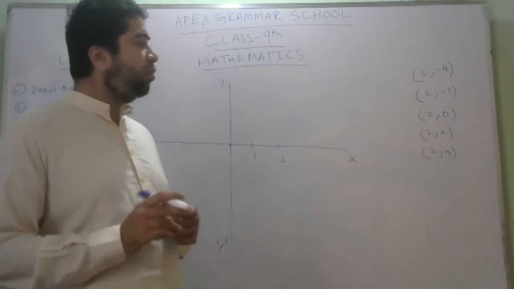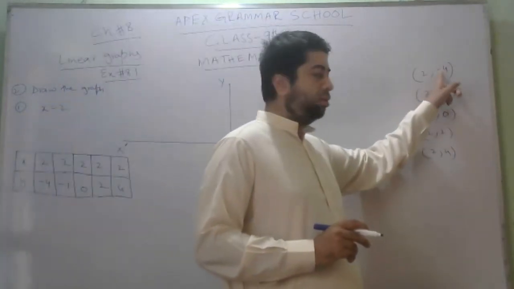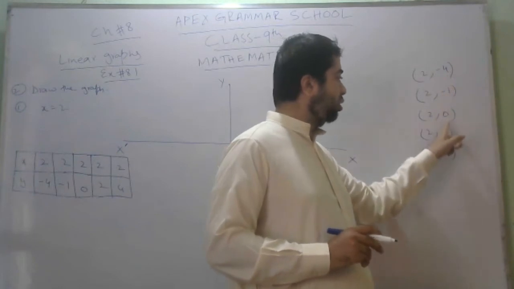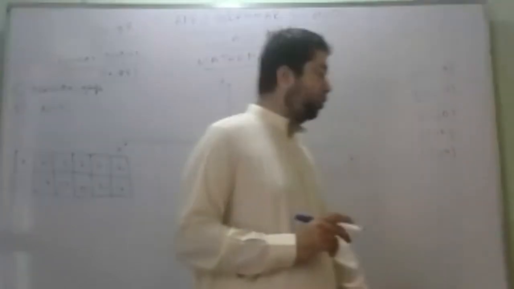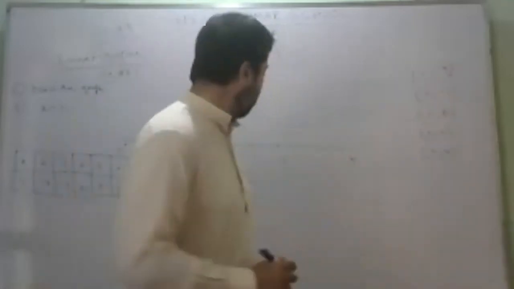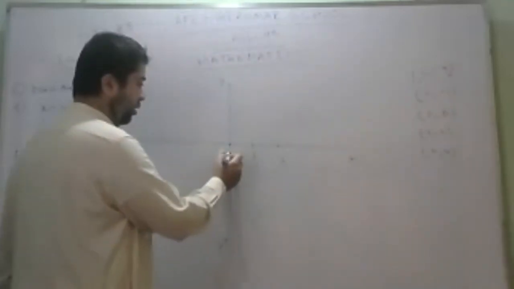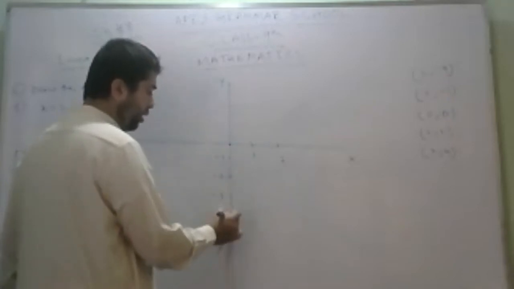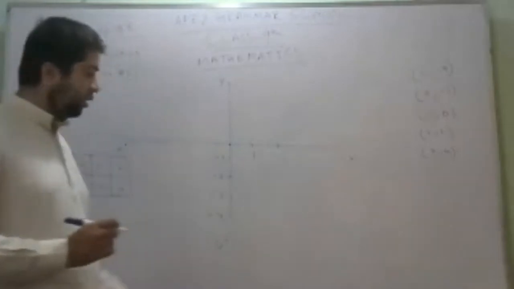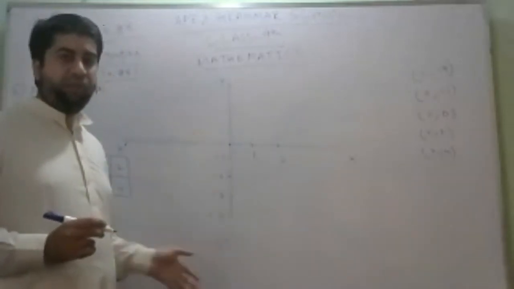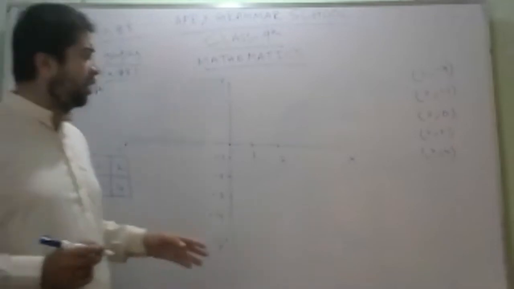Okay. For Y, this is negative 4, this is negative 1, this is 0, this is 2, and this is 4. So, this is negative 1, negative 2, negative 3, negative 4. Negative 4 lies within the y-axis. Minus 4 is done.